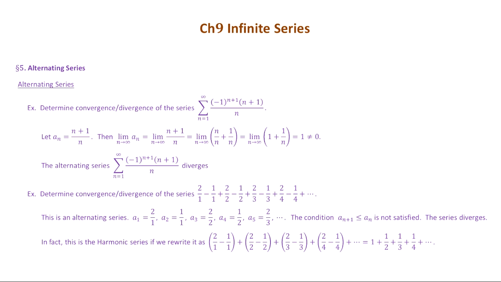Then you get 2 minus 1 as the first term, 2/2 minus 1/2, which is 1/2, 2/3 minus 1/3 is just 1/3, 2/4 minus 1/4 is 1/4, and so on. This comes back to the harmonic series we discussed in section 3, and we already knew it was divergent. So we can use the alternate series test to show that the series also diverges.